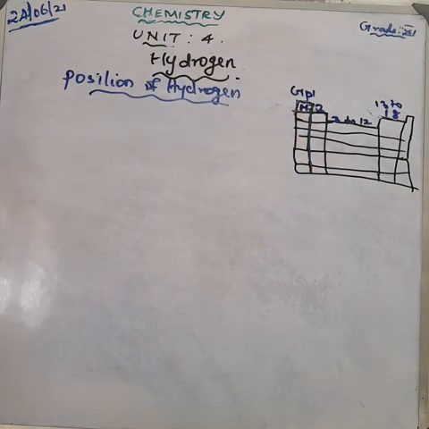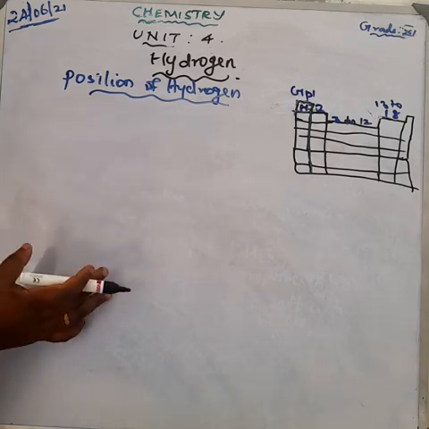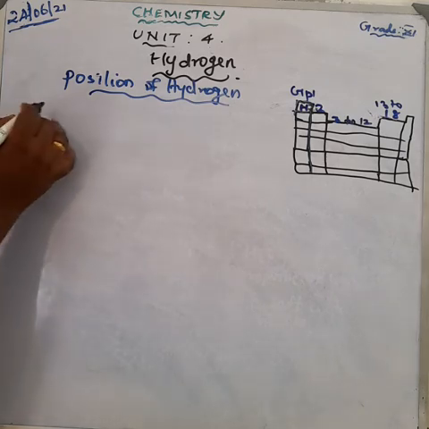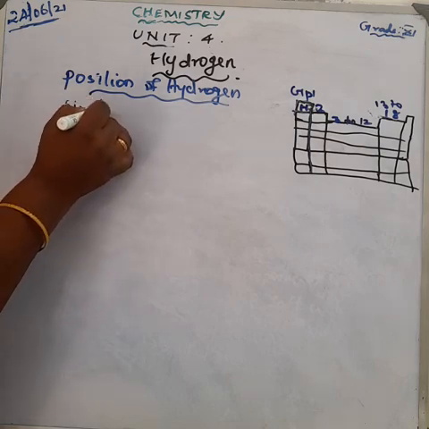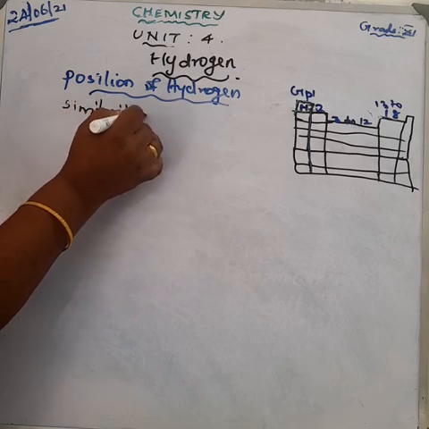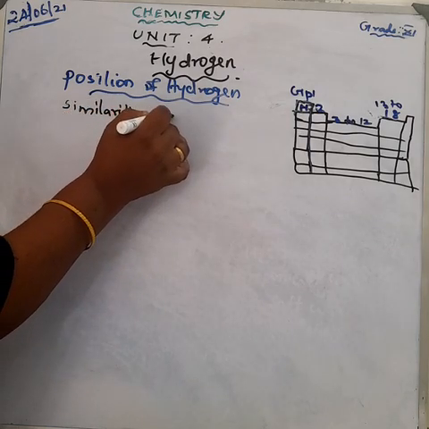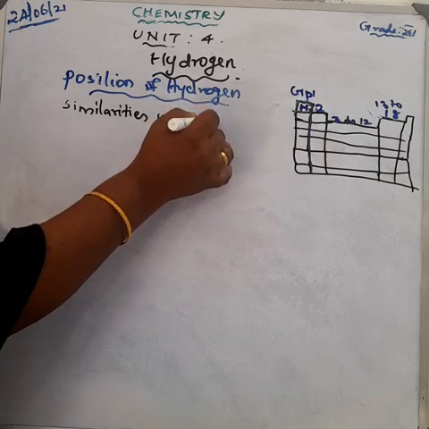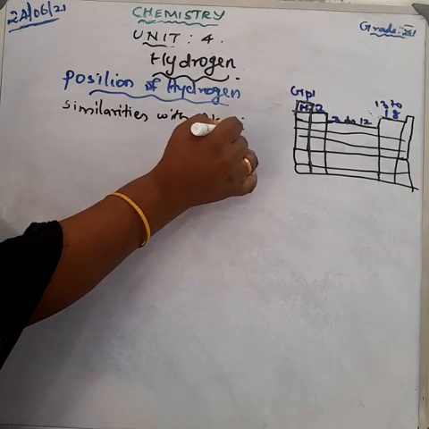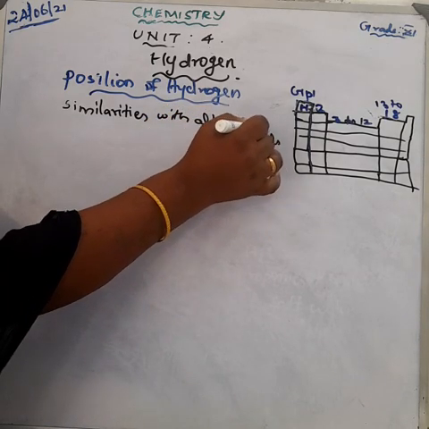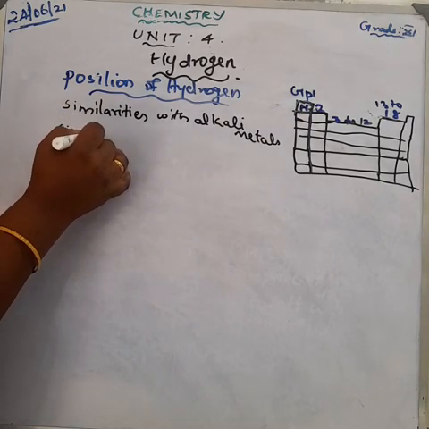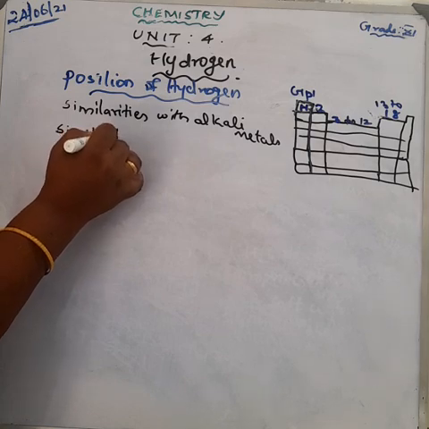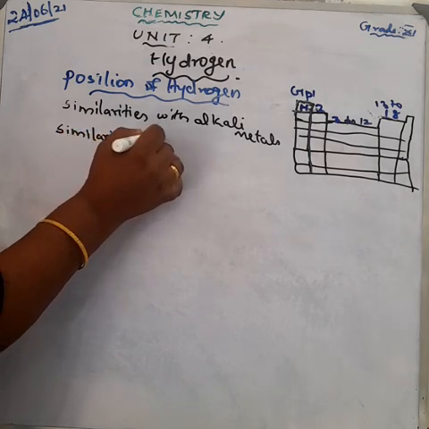So why? Because certain similarities exist between alkali metals and hydrogen, and also some similarities exist between hydrogen and halogens.